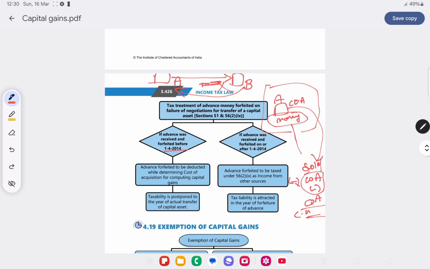So this is the case if the advance was received and forfeited before 1st April 2014. Now if advance money is forfeited after 1st April 2014, it will be taxed in the year of forfeiture itself, as income from other sources. So taxability is not postponed to the year of transfer of capital asset; taxability is in the year of forfeiture of advance.